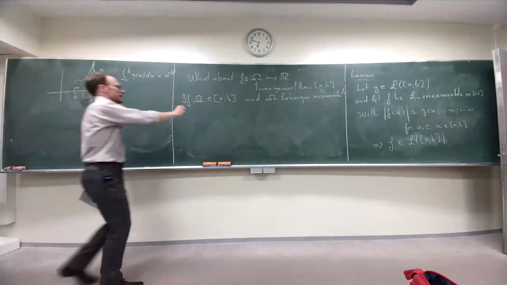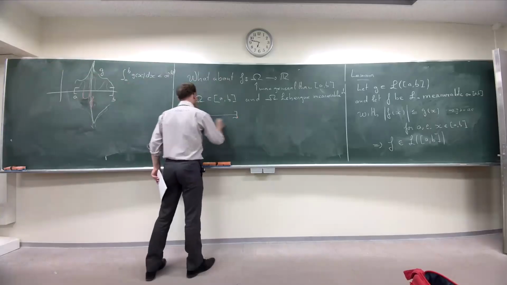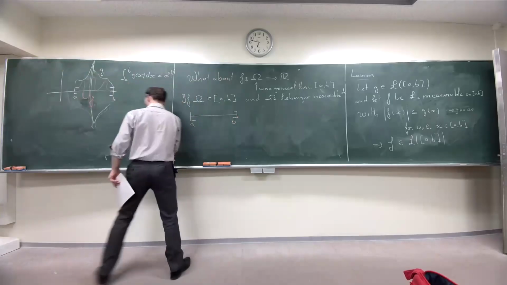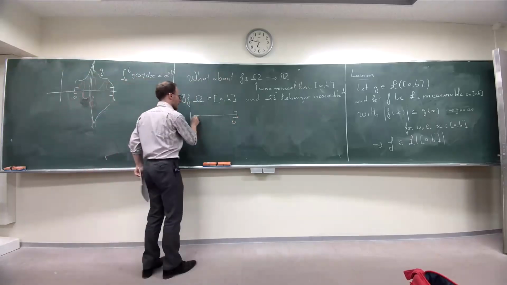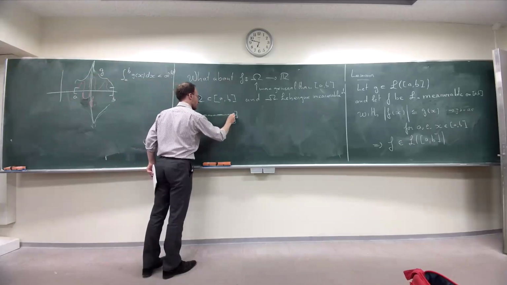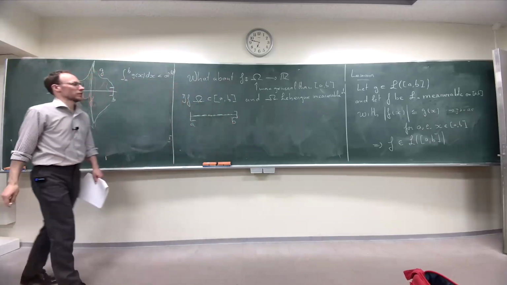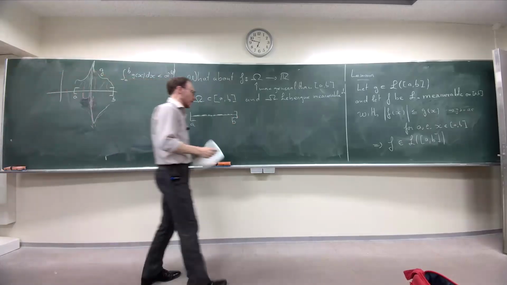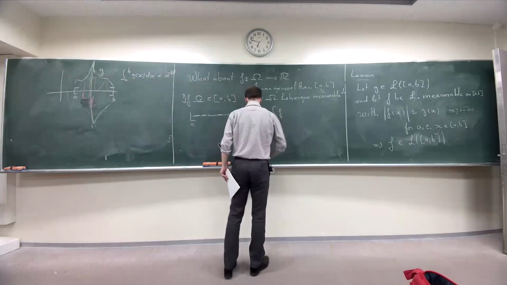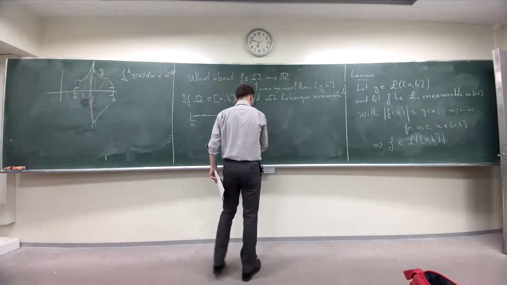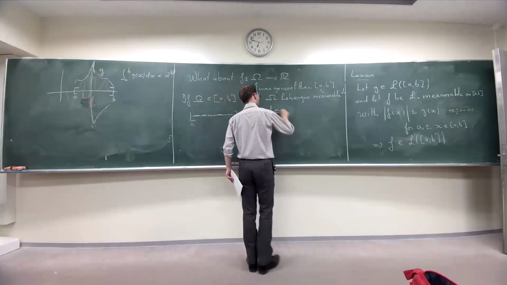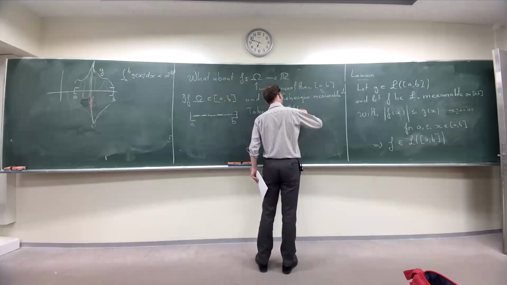So take any set inside AB, which can be rather complicated, but still it's Lebesgue measurable. I want to define then what is the integral of f, sorry, I should say who is f now. Take f belonging to L of AB.